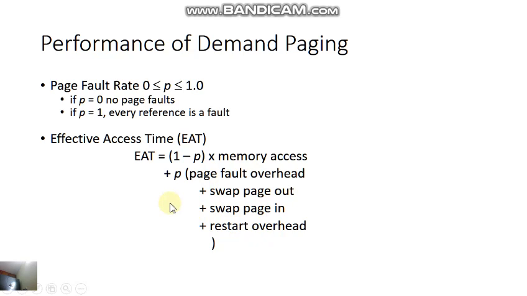We require 3 entities here: the probability of the page fault, the memory access time of the computer system, and the page fault service time. This is how much time you require to recover from a page fault, called the page fault service time.